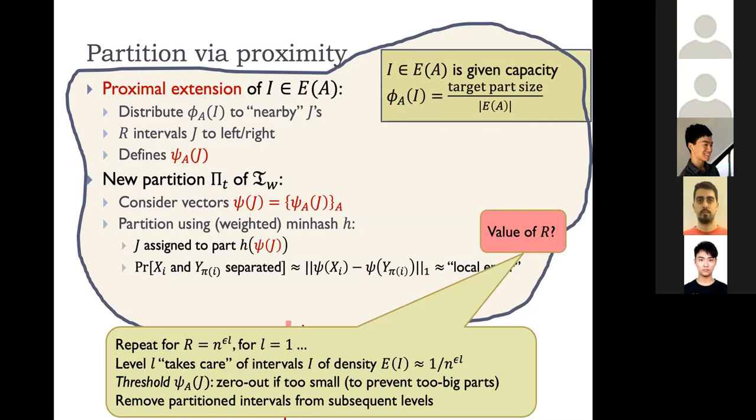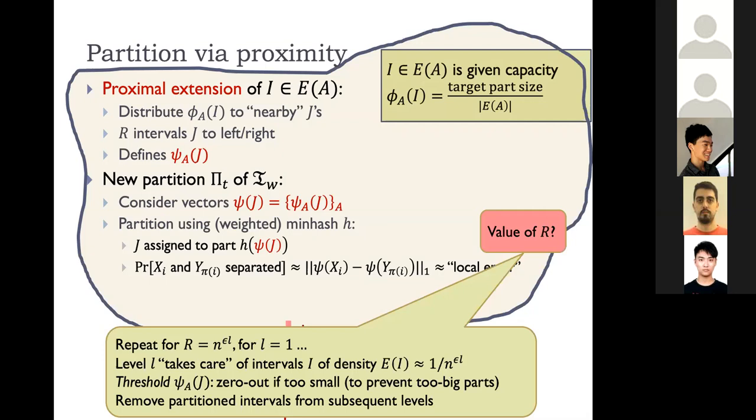One of the biggest issues here is that some strings have many friends, a big set E of A, and some have a small one, and that affects things. This is where lots of the hardness in the analysis comes from. So these levels take intervals of progressively less dense things, as in things with the biggest density are taken care of first, and so forth.